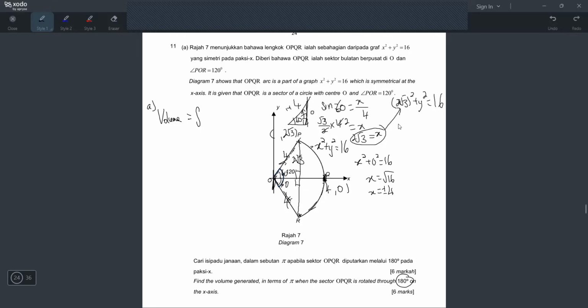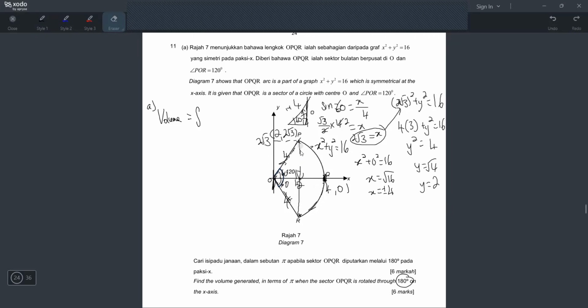What happens when you square it? 2 squared is 4, square root 3 squared is just 3, so 12, and then plus x square equals 16. So x square equals 16 minus 12, which is 4. x equals square root 4, which is 2, but it's actually plus minus 2. This one is obviously positive 2. So the x coordinate here is 2, and the y coordinate here is 2 square root 3.